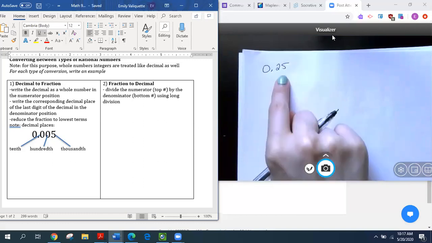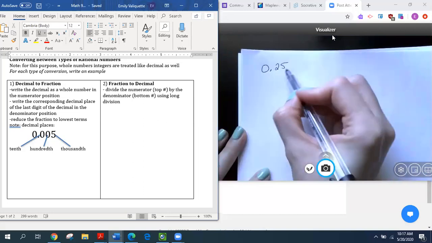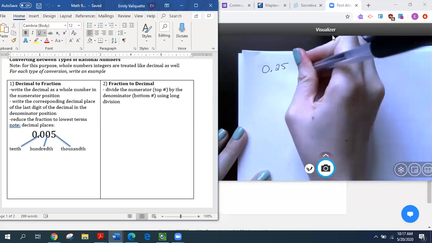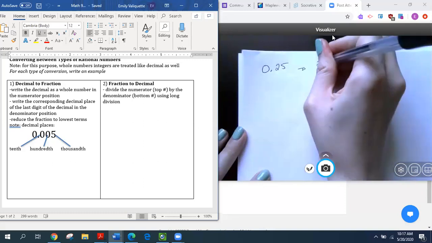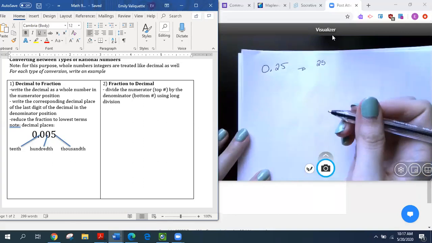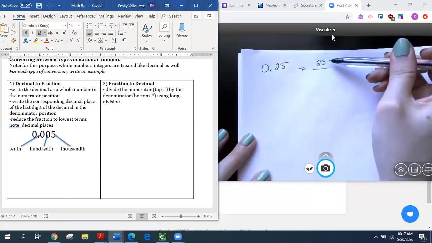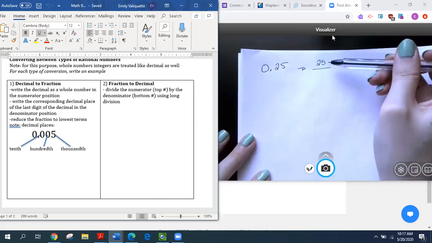But if you don't, we're going to start by taking the 0.25 and writing it as just 25. So we're going to get rid of the decimal itself.